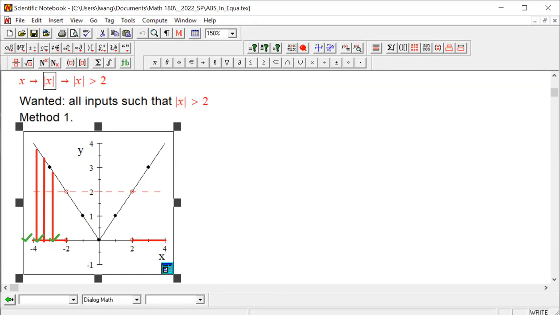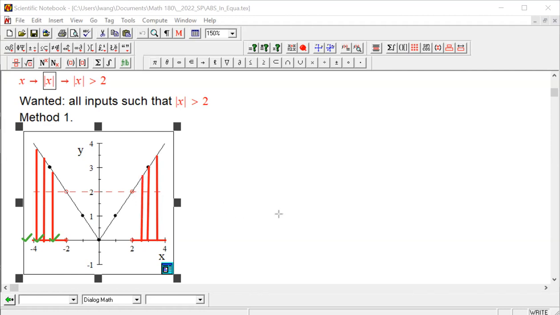So you can see all of these outputs, input, output, right? Those are the outputs. Those outputs are higher than 2.